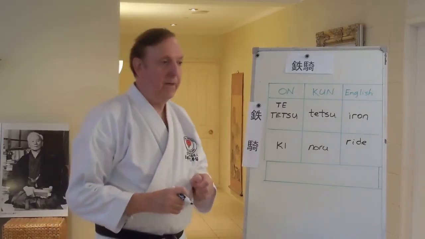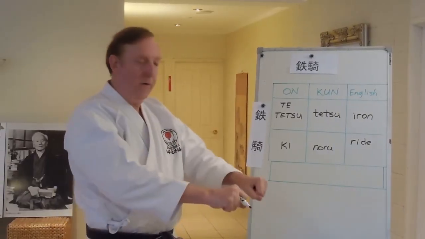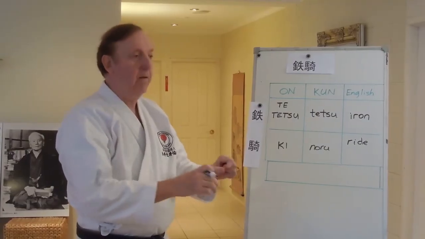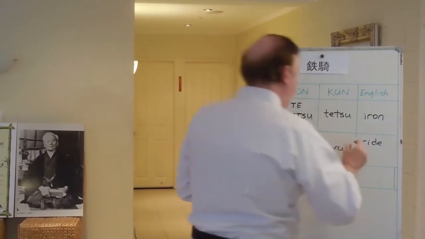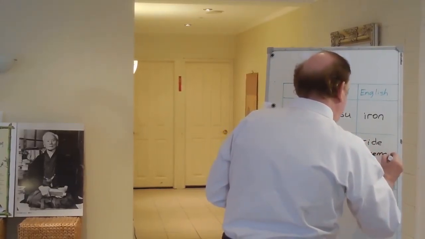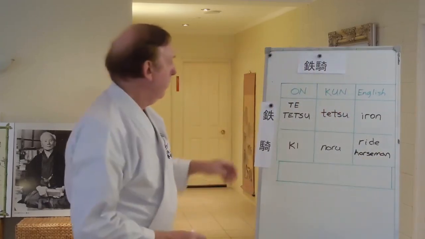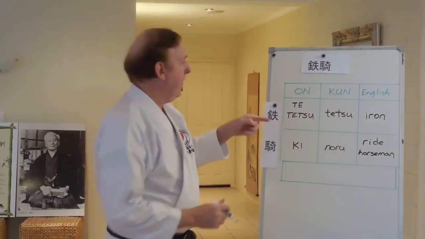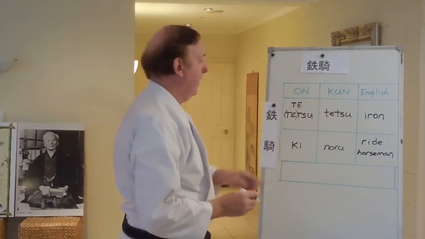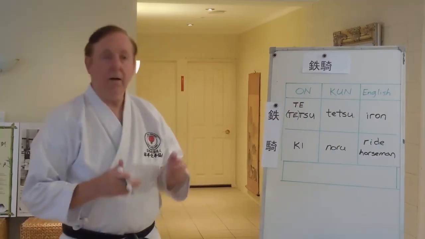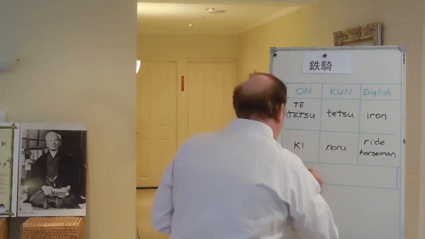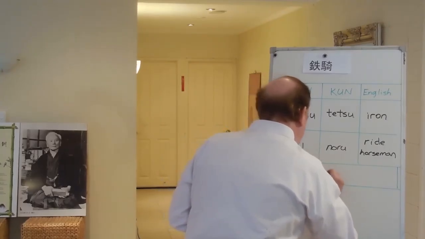Actually, if you think about it, you have to have your hands on the reins, so maybe this might be the feeling of te. So when you're riding, then you have a horseman, to make that one complete. So then you have the idea of Tekki, te, short for tetsu, and ki equals riding, like an iron horseman, is how we usually translate that one in English.